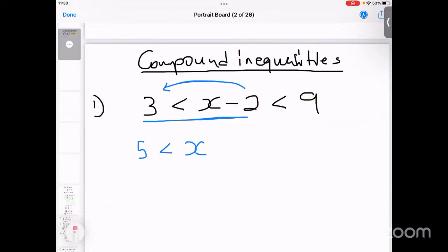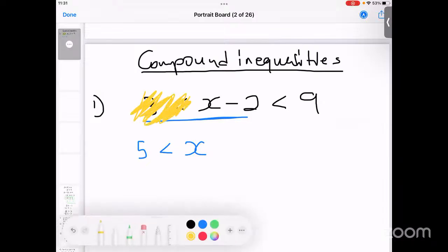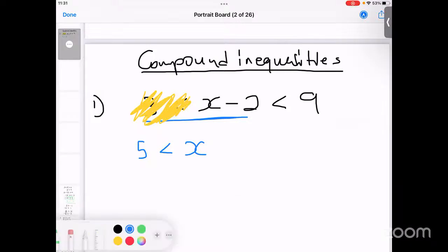You still do the same. I don't want to remove it, but I want to hide it like this, to say it is this side which is now hidden. What were you going to do? Definitely, you were going to take this 2 to the other side.